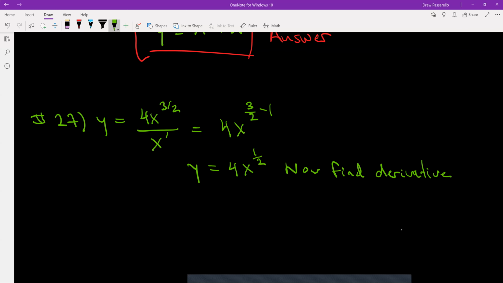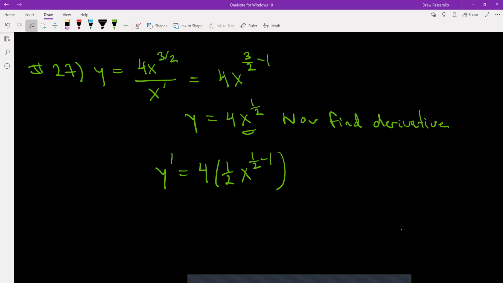All right, so y prime is equal to, and then I do 4, and then focus on the x to the 1/2 using the power rule. So it'll be 1/2 x to the 1/2 minus 1. And we know 4 times a half, so that's going to be 2. So y prime is equal to 2, and then that's x to the negative 1/2.